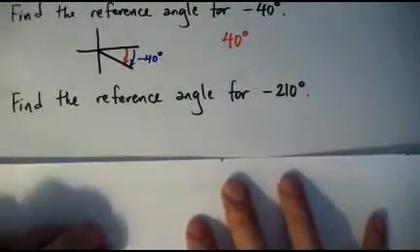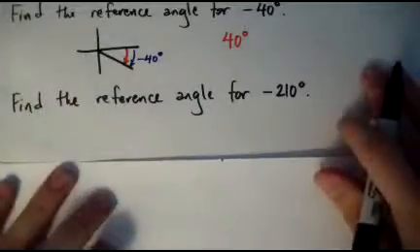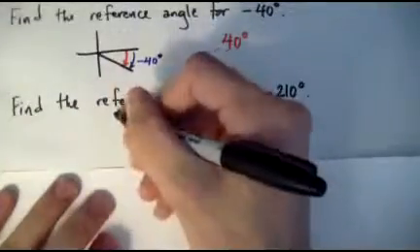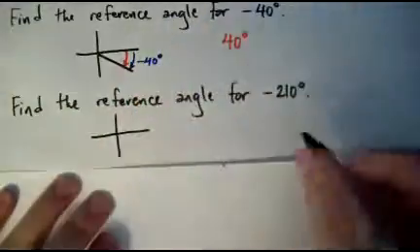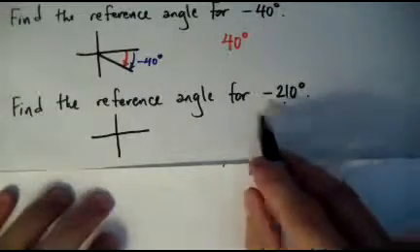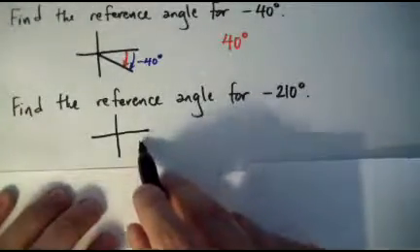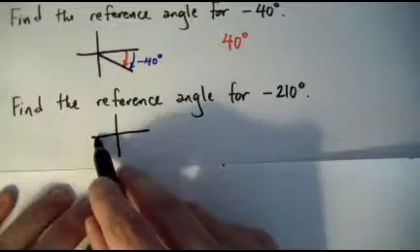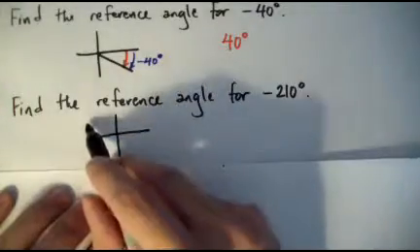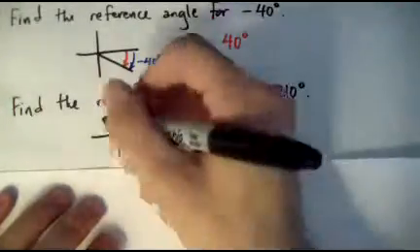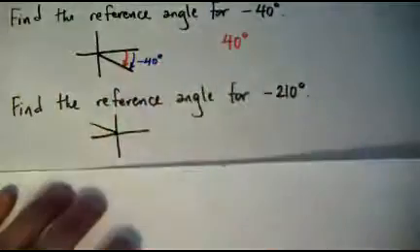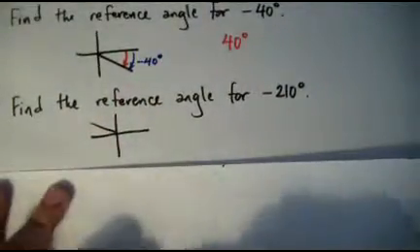Now we're asked for the reference angle for minus 210 degrees. Let's think about that. Well, minus 180 would bring us over to here. So minus 210 goes an extra few degrees past 180. So minus 210 sits over here.